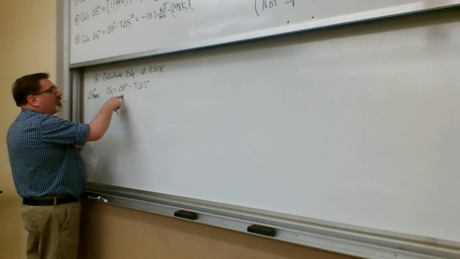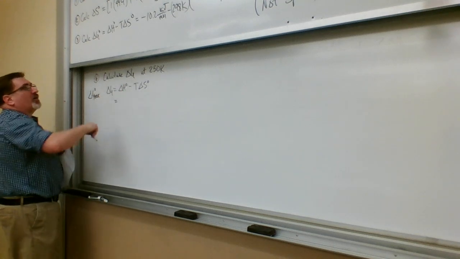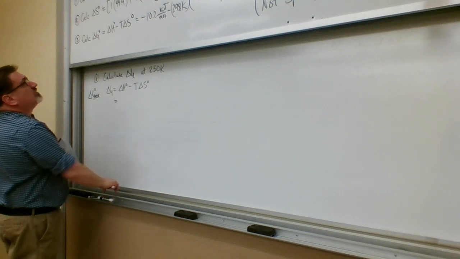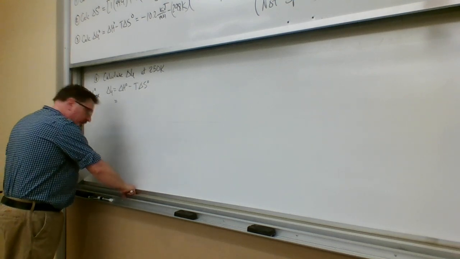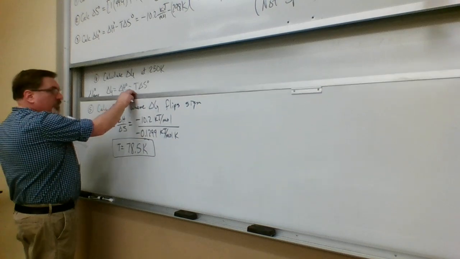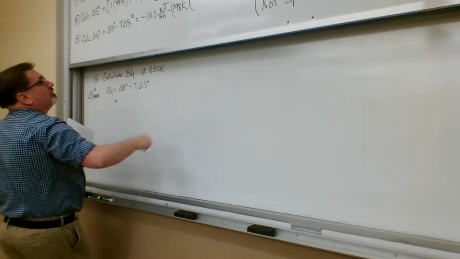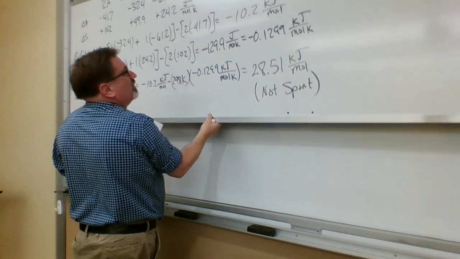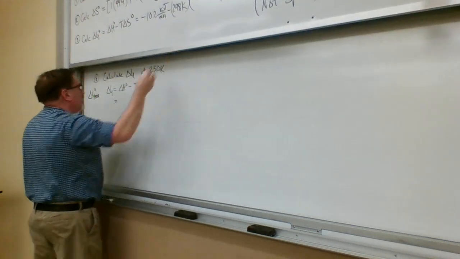So at 250 Kelvin, we pull back our delta H, and our delta H was, let's see, pull down the board there. Minus 10.2 and minus 0.1299.